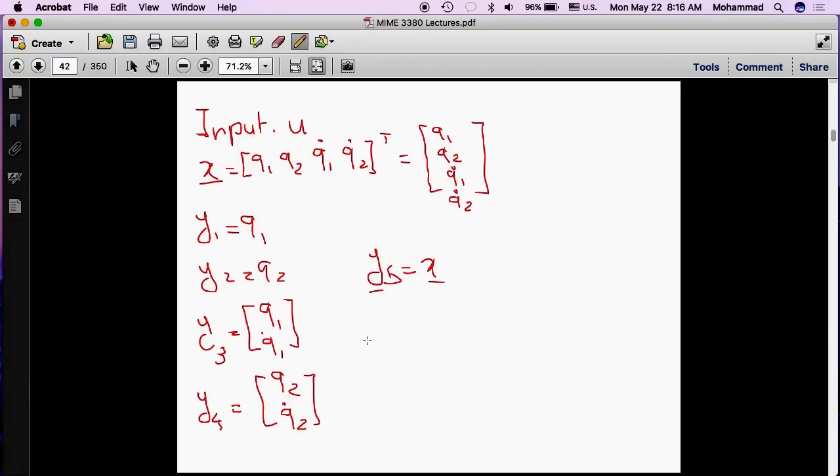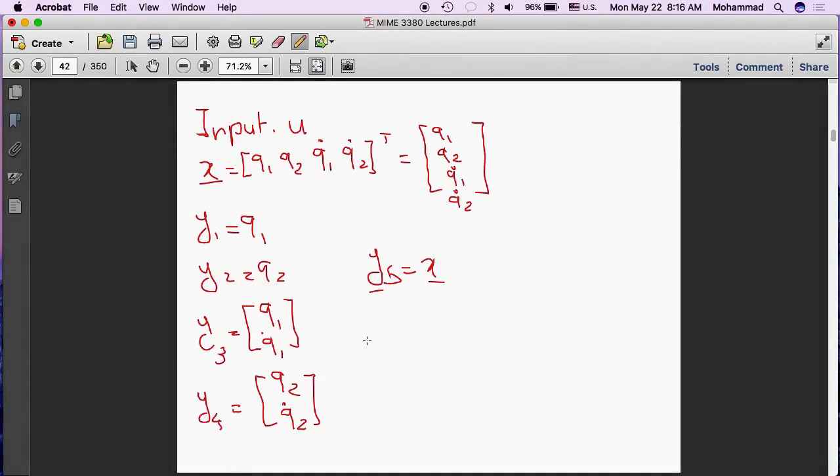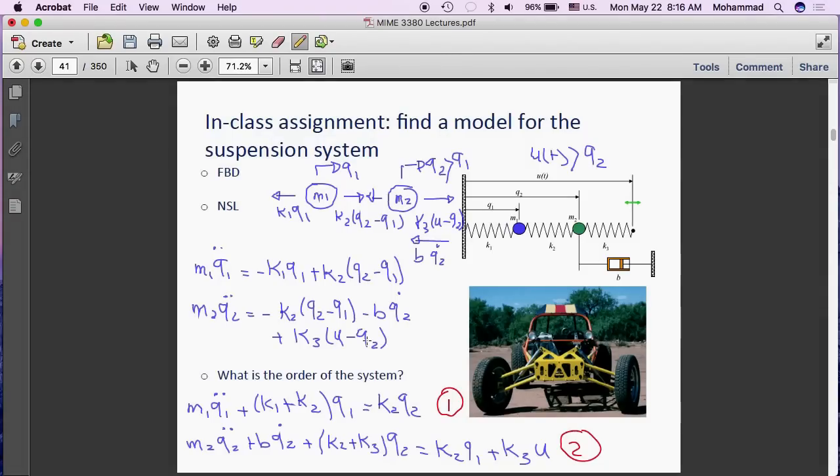Okay, any questions on what we did? So if you want to quickly review what we did, whenever we have a mechanical system, the very first step that you have to establish is the free body diagram or free body diagrams. If you have more than one inertia element, then you decide on the positive direction of motion variable. There are two motion variables here, Q1 and Q2.